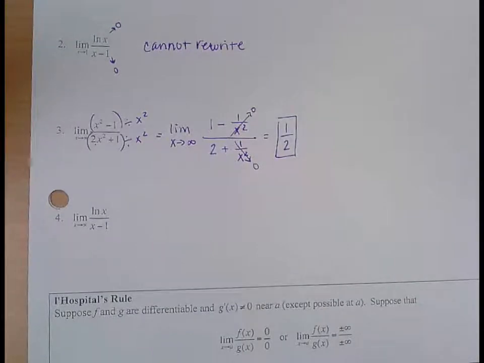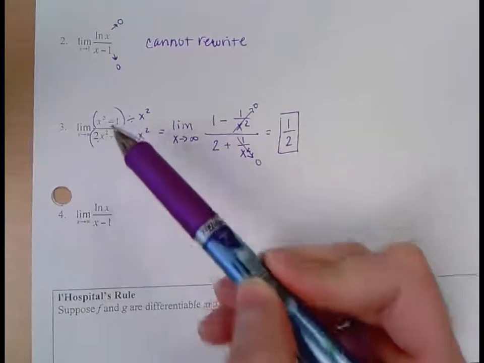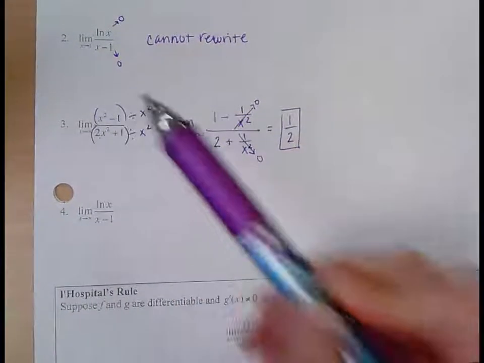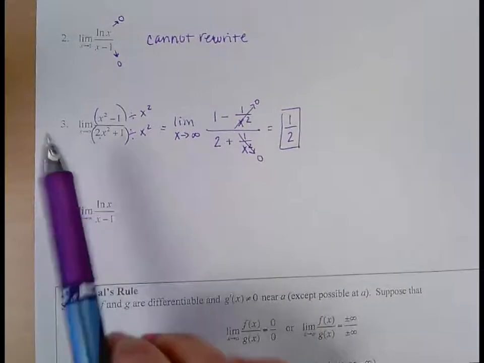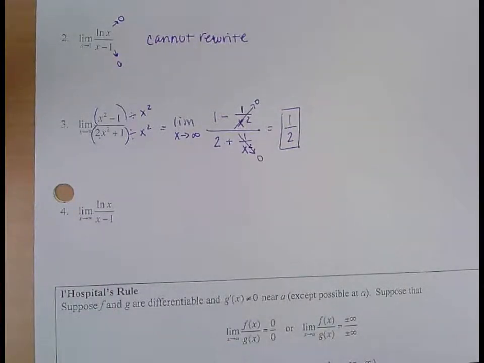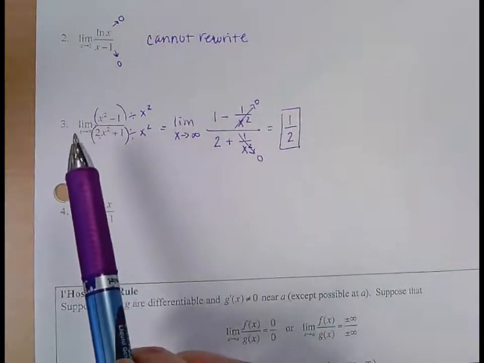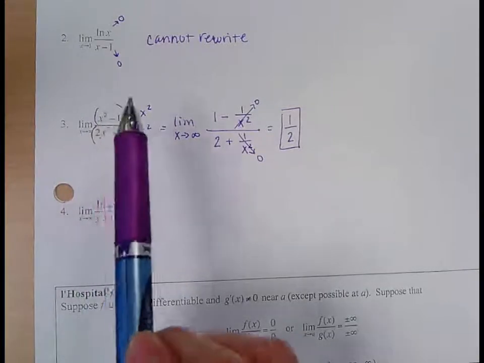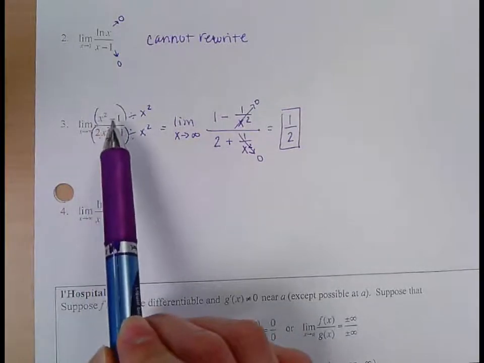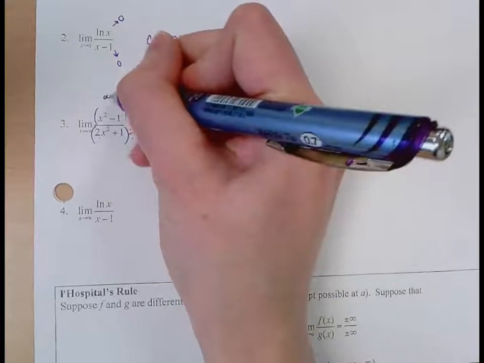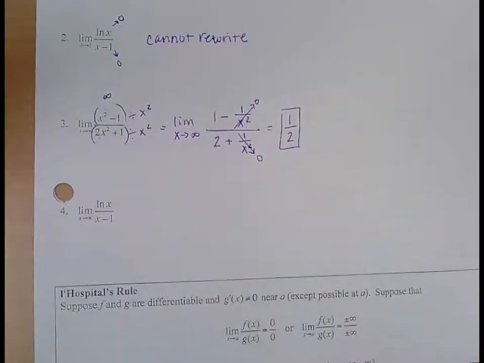Okay, so if we look at 4, and I also want to point out with 3, this is also an indeterminate form to begin with. So I know you can't substitute in infinity, but if you think of substituting in a very, very large number, so if I have a large number squared minus 1, that number is still very, very large, so the top would be approaching infinity.